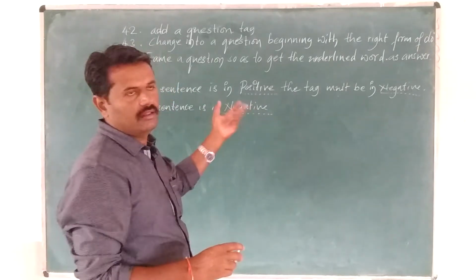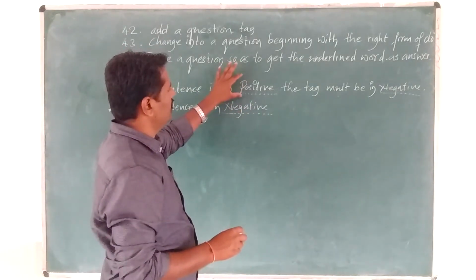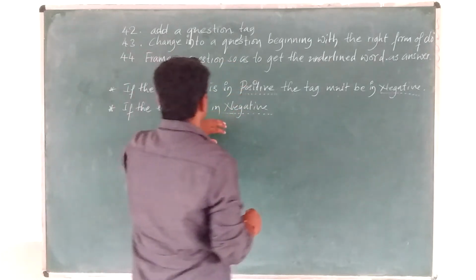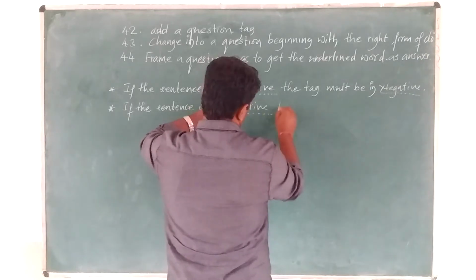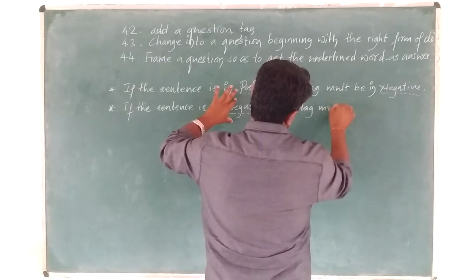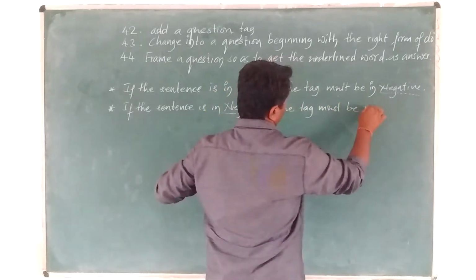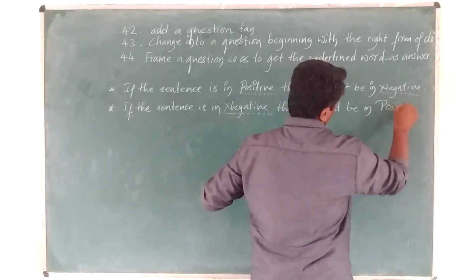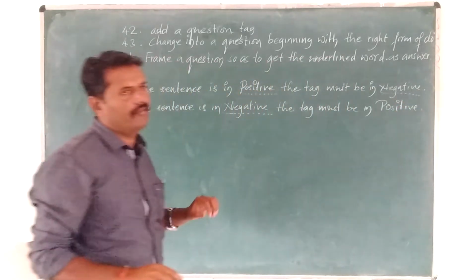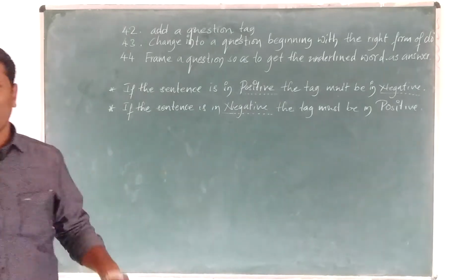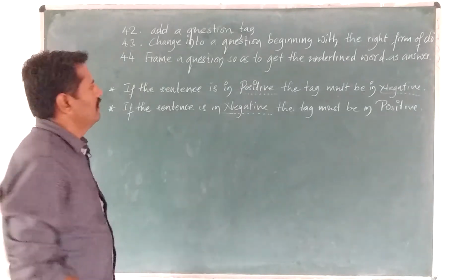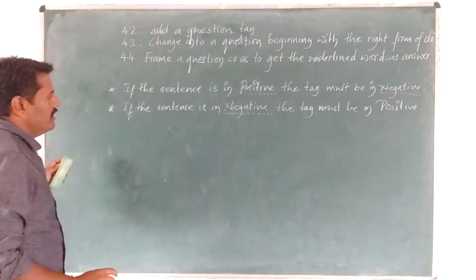It is not right, understand. Okay, if the sentence is in negative, the tag must be in positive. So these are the two conditions for adding tags to the sentences. Keep these conditions in your mind.